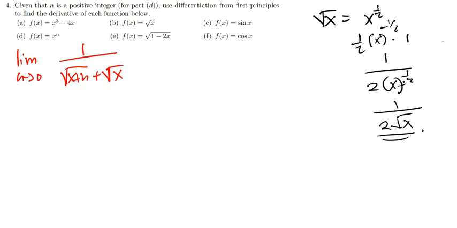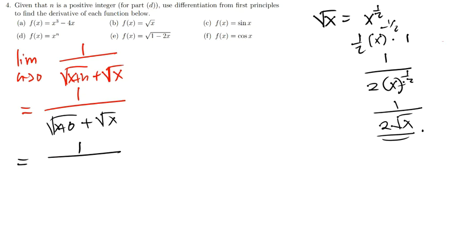So I'll have 1 divided by the square root of x plus 0 plus the root of x. That means root of x plus root of x, and if I add, the denominator is 2 root x.